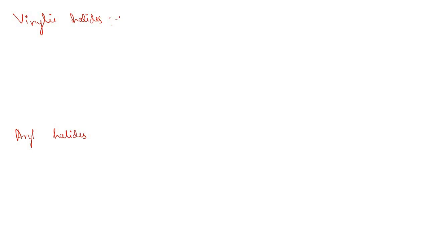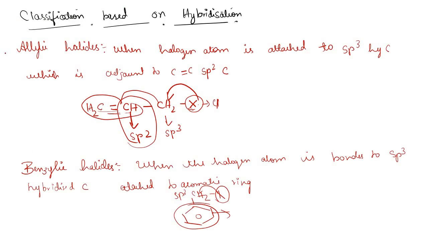So for vinylic halides, what does the definition mean? These are the compounds in which a halogen atom is bonded to an sp2 hybridized carbon of a carbon-carbon double bond. In the previous one, the allylic, the halogen atom is attached to an sp3 hybridized carbon adjacent to a carbon-carbon double bond.